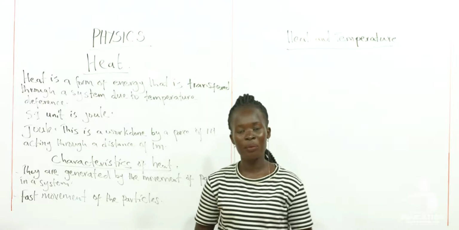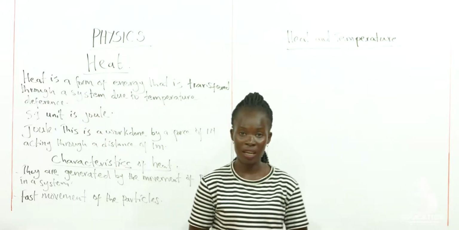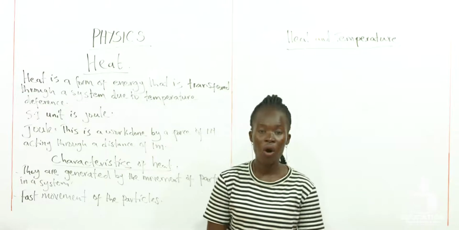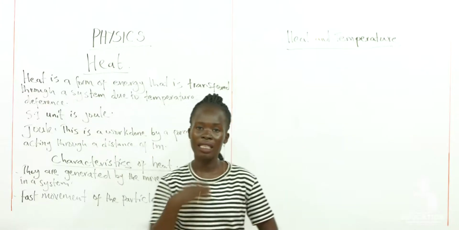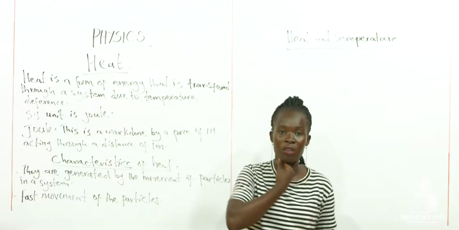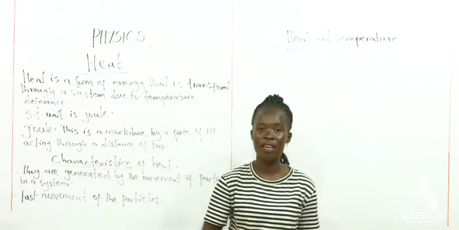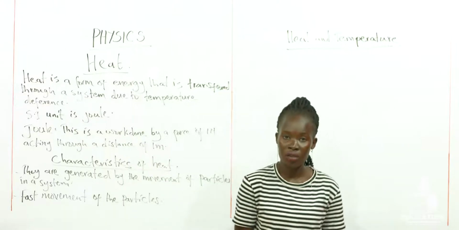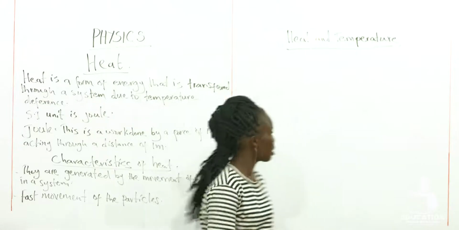So we can say temperature is the measure of the degree of the hotness or coldness of a body. Because touching it doesn't necessarily mean that I have to check the temperature, which is supposed to be warm. But sometimes you want to check if the thing is actually cold. So you're still at that point checking the temperature of that body.